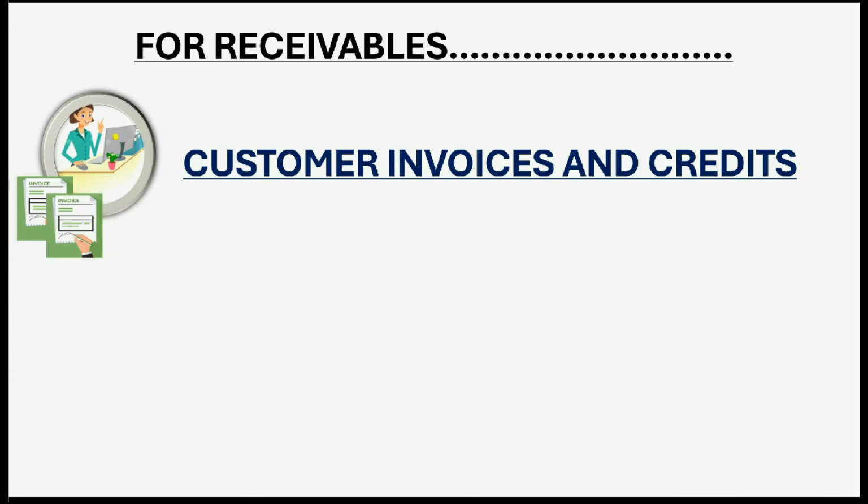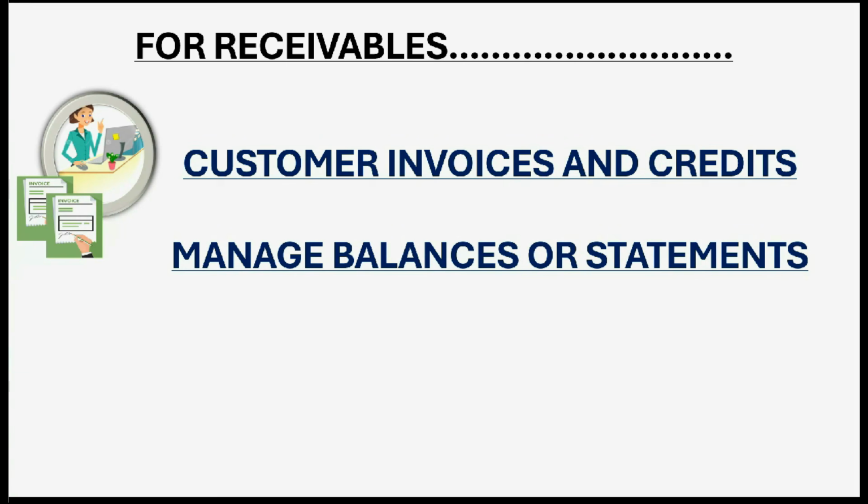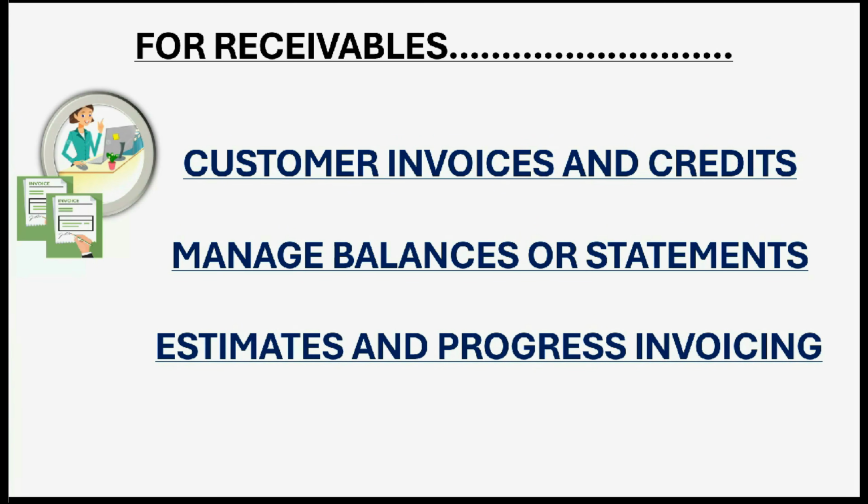But what we cannot do from the bank feed center is actually create the invoices and create the credits, and we can't manage their balances or their statements, and we certainly can't create estimates for companies that have contracts or long-term contracts and then match the invoices against those estimates.